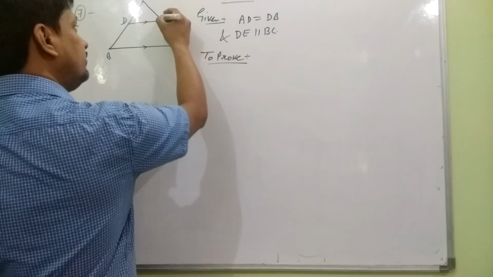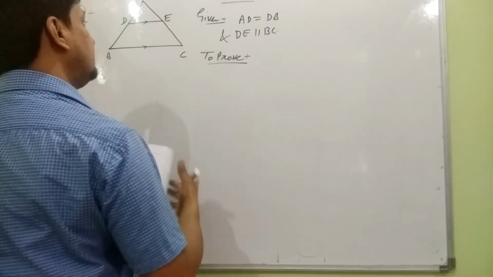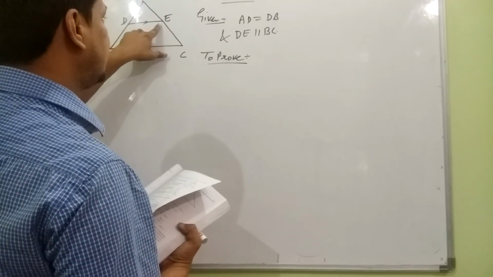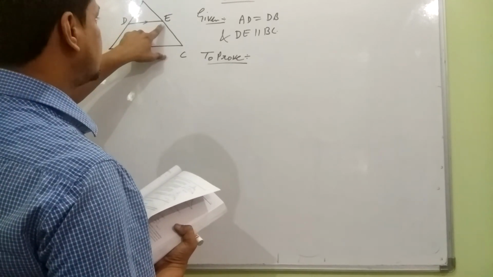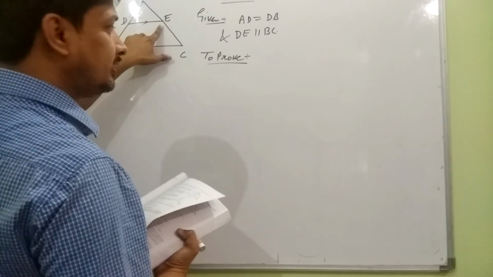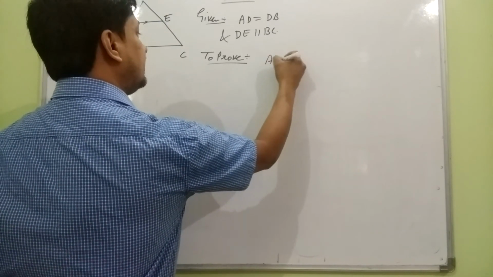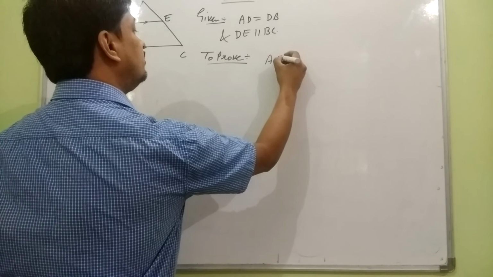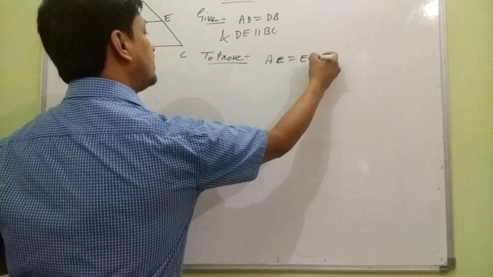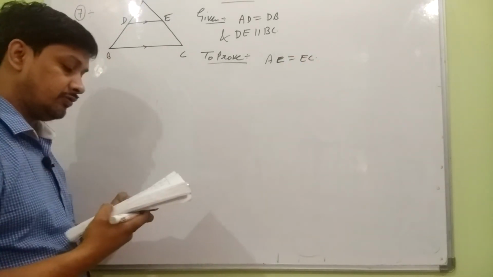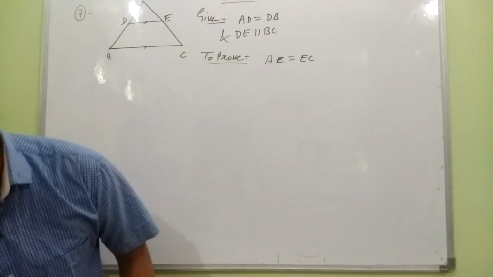Means we have to prove that E is the midpoint of AC. अगर हमें प्रूव करना है DE से बाइसेक्ट कर रहा है, इसका मतलब वो उसके मिड पॉइंट पे मिलेगा तभी तो बाइसेक्ट करेगा. सो हमें ये दिखाना है कि AE इक्वल टू EC. और किसकी हेल्प से दिखाना है? थ्योरम 6.1 यानी BPT की हेल्प से हमें ये प्रूव करना है.